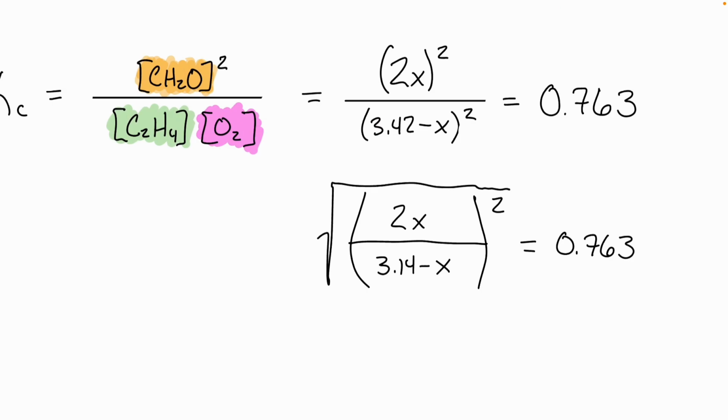Oh, my bad. I'm thinking pi. Pi on the brain here. But yes, I can now get rid of it by just taking the square root of both sides.